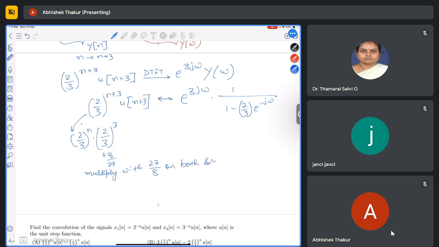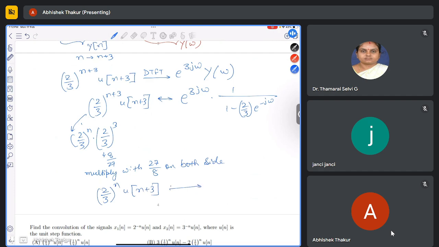On the left hand side we will get (2/3)^n u[n+3], because 8 by 27 multiplied with 27 by 8 becomes 1.